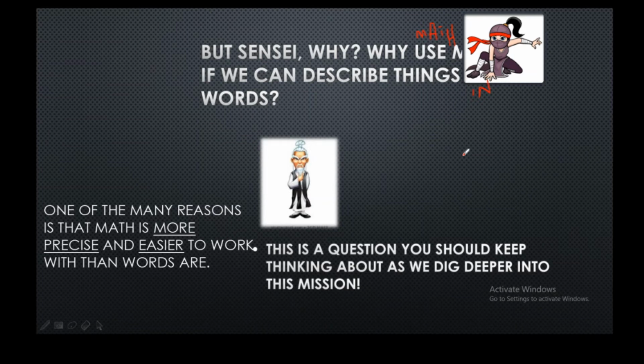Now Sensei, the wise man, is saying one of the many reasons we use math is because mathematics is more precise and easier to work with than words are. So taking the case as Anib asking for Sensei's age in 10 years or decreasing Sensei's age by 5, in English, nothing can be done to it. But now, because of mathematics, Anib is able to construct something to show Sensei's age.